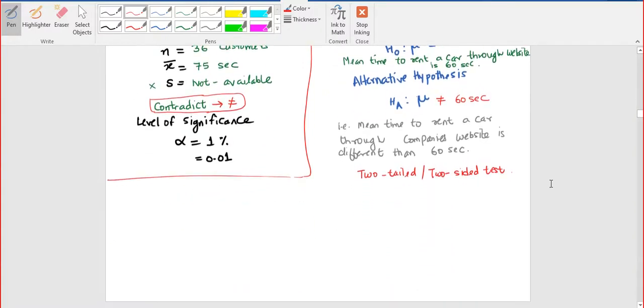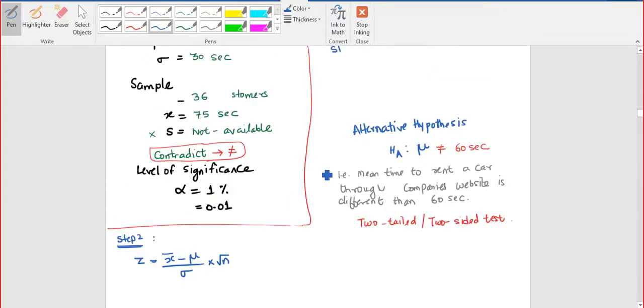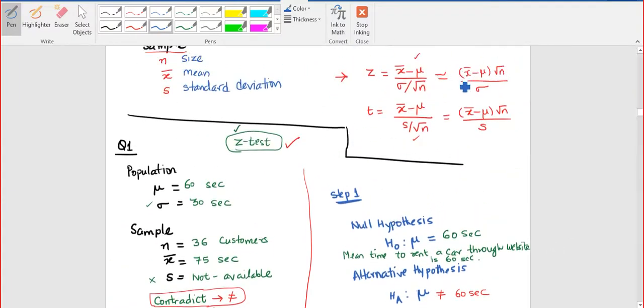So using the test statistic, step 2 is calculating the test value. z is equal to x bar minus mu over sigma, multiplied by root n. I'm using this other version of the formula to avoid any kind of calculation mistake.